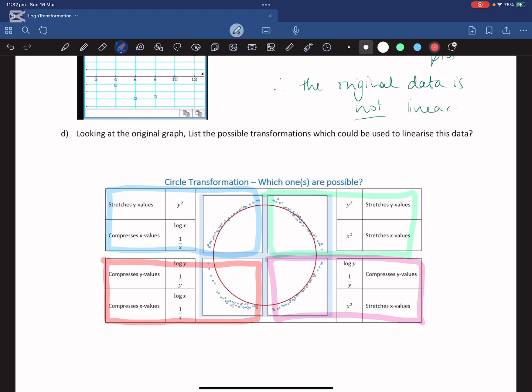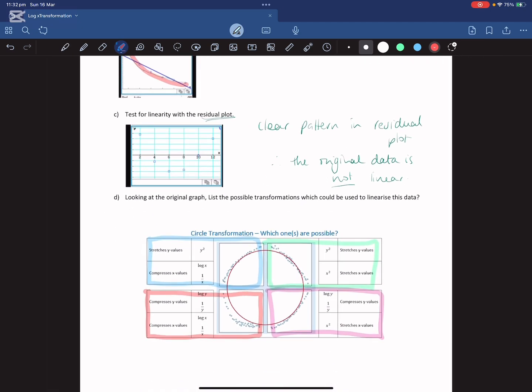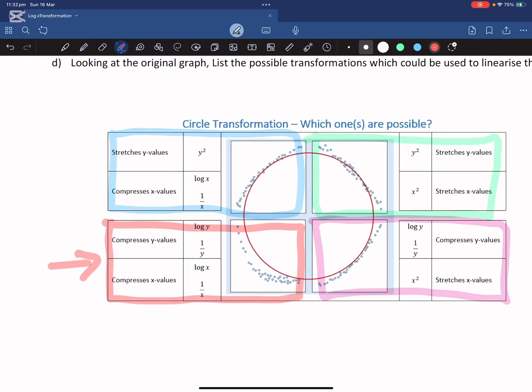Okay, so again, looking at this one, it's bending like that. It is matching this quadrant. So in order to linearize that data, we can pick any of those 4 transformations. In the SAC, you won't have to do all of them. You would pick however many it says to do in the SAC, because it is an analysis task.